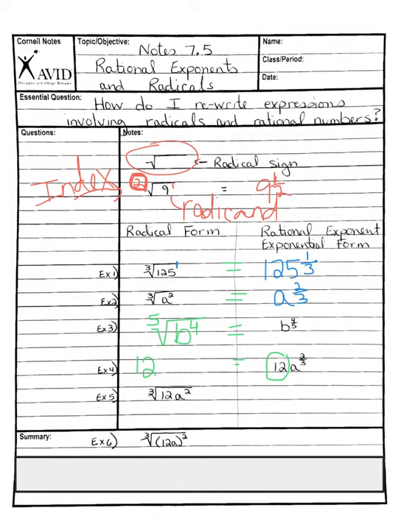So in the radical symbol is going to be your a squared, and what is your index going to be? It's going to be the number 3. Again, the number 12 is a whole number. Technically, the number 12's exponent is just 12 to the 1st power. So some of these can be a little tricky.